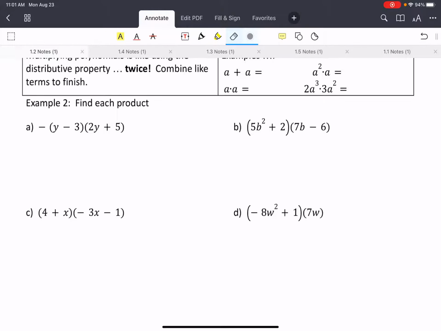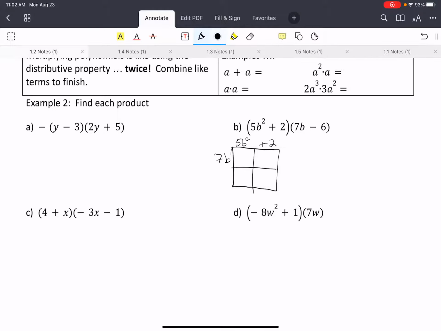So how many terms is this first one? 2 terms, right? And how many terms is this one? 2. So I would draw a box and it would be a 2 by 2. For me, all these parentheses and plus signs are too overwhelming. That's why I like the organization of the box, because then I only have to deal with one little piece at a time. I'm going to take this first one, and each term is going to go above a piece.